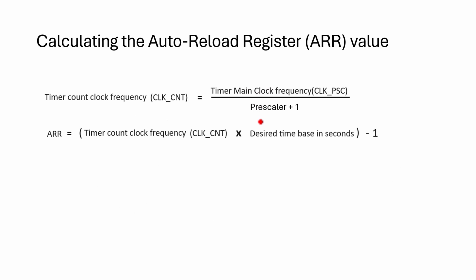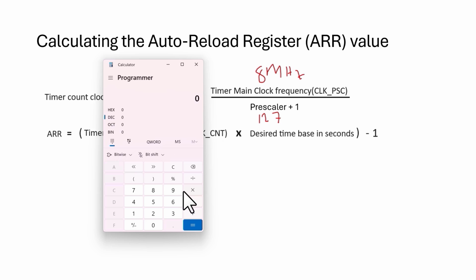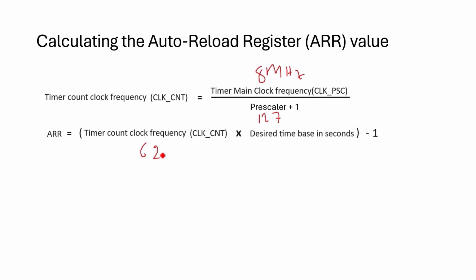So let's select the prescaler as 127. And we know that this is 8 megahertz. This turns out to be 8 megahertz divided by 128. That turns out to be 62,500 hertz, multiplied by 500 into 10 to the power minus 3.